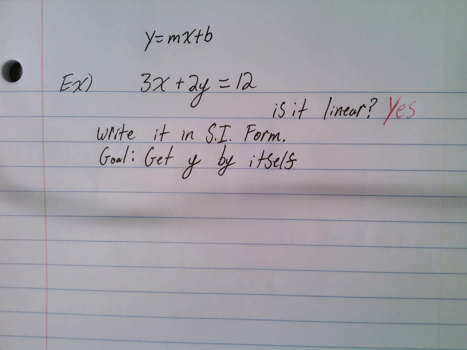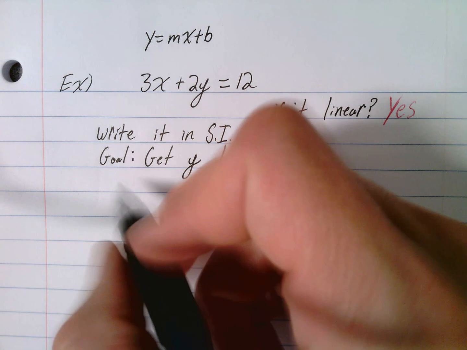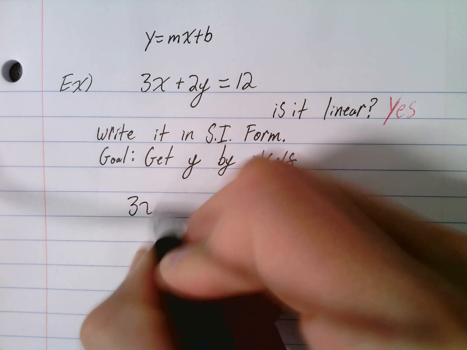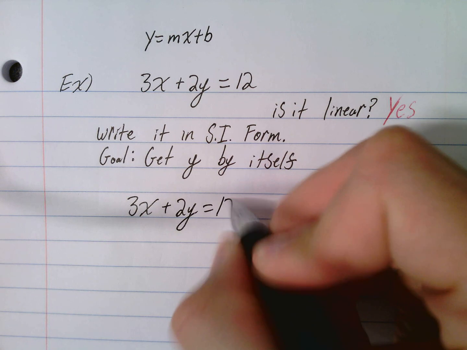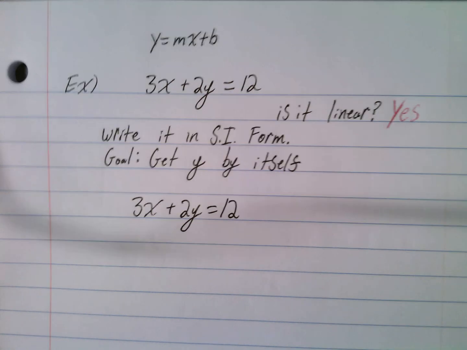You remember when we solved literal equations? Where I gave you the area of a triangle is 1/2 base times height, and you had to solve for the height. That's the same thing that we're doing here. You've done all this before, but let's do one here. 3x plus 2y equals 12.